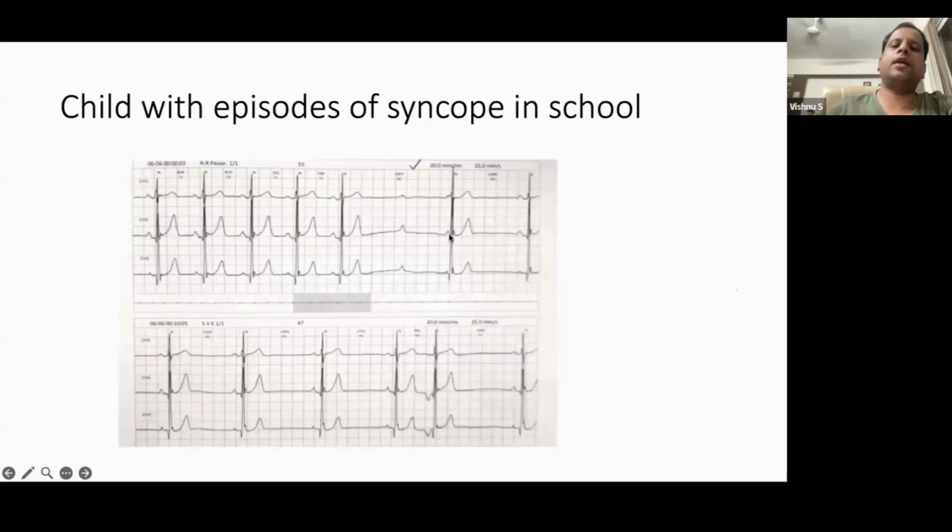So a vagal effect sets in on the AV nodal PR interval, and the RR interval increases. Everything increases with sinus slowing before the non-conducted P wave, so it can be vagotonia. We usually see this in children who had syncope in assembly and come to our OPD, and the ECG shows this pattern of sinus slowing and non-conducted P waves. This is usually vagotonia. If we make the child walk and take the ECG again, this will go away.